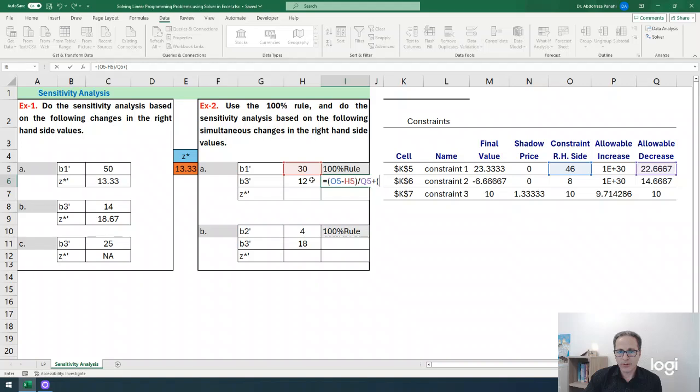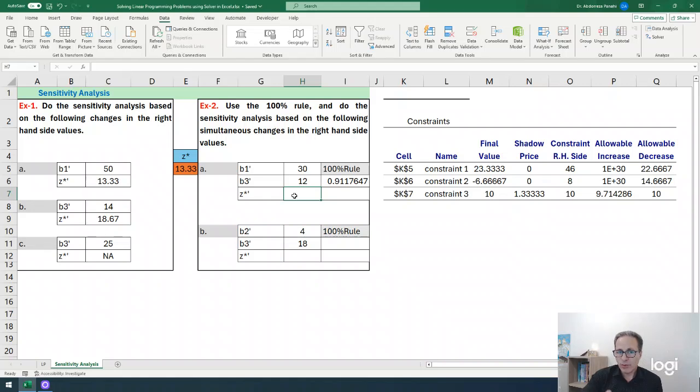It was 10, so I write 12 minus this cell 10. Since it is an increase, we should divide by the allowable increase for the third constraint, which is this 9.7. As long as the sum is less than 1, we can do sensitivity analysis. Once it becomes more than 1, then we need to solve a new problem, or the answer that we predict with sensitivity analysis is not applicable for that case.